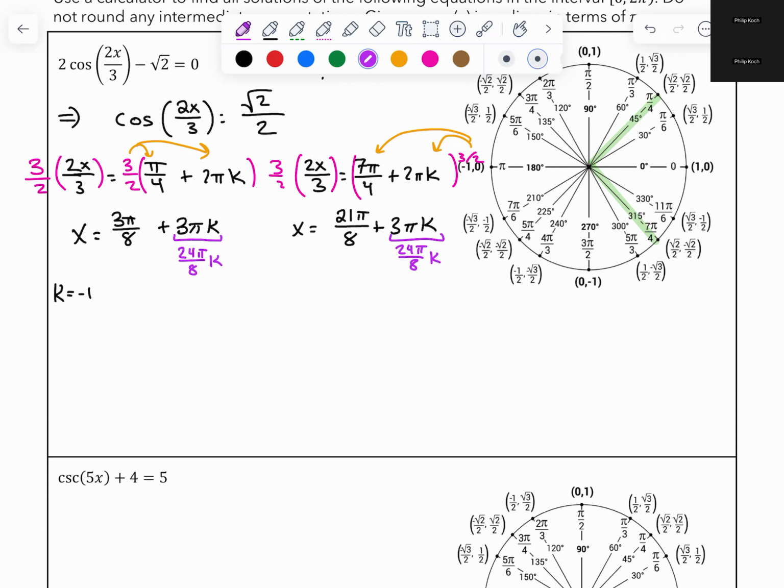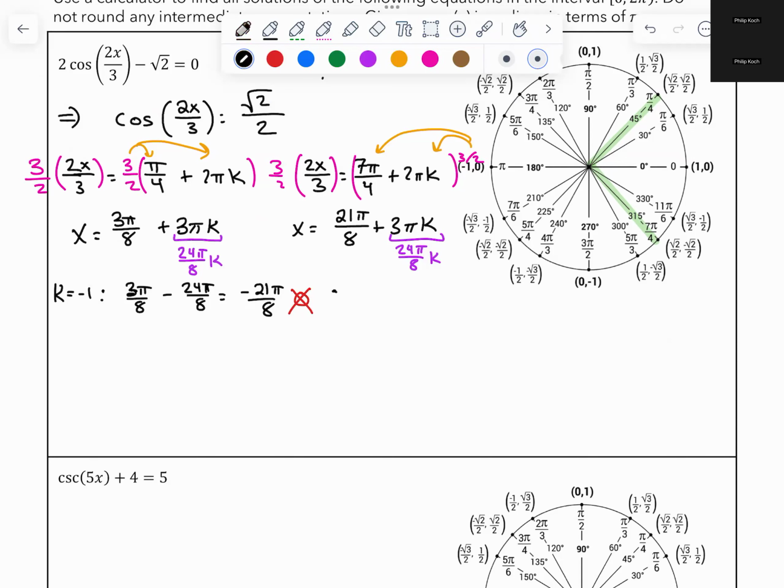K equals -1. I'm going to show the algebra right now, but after this, I'd like us to skip the algebra and write down the numbers. So k equals -1, we get 3 pi over 8 minus 24 pi over 8, which equals -21 pi over 8. That's not good. That's not between 0 and 2 pi.